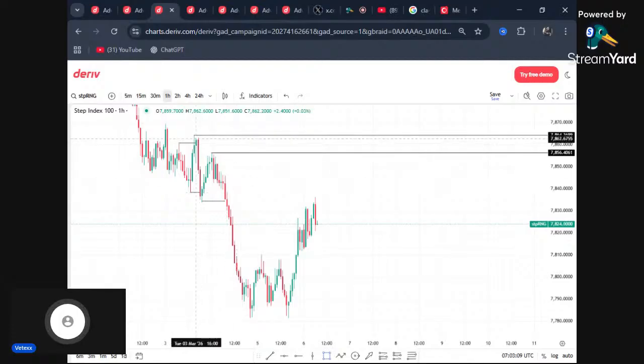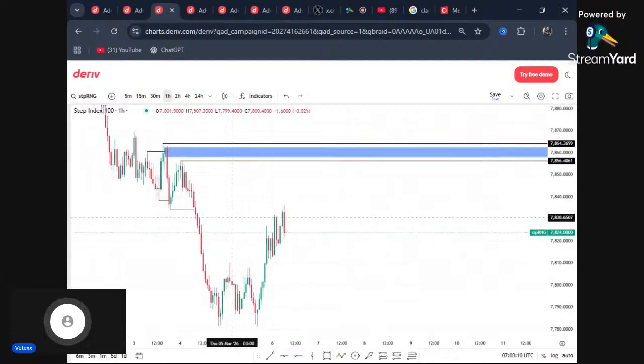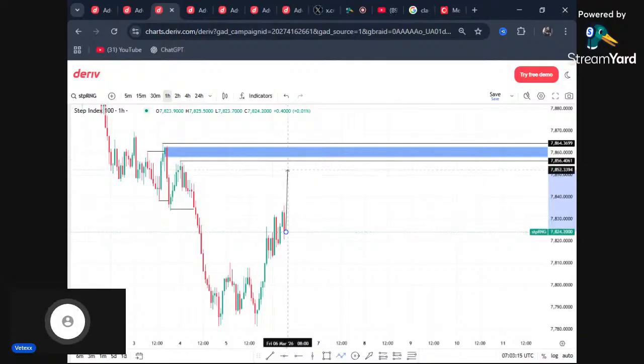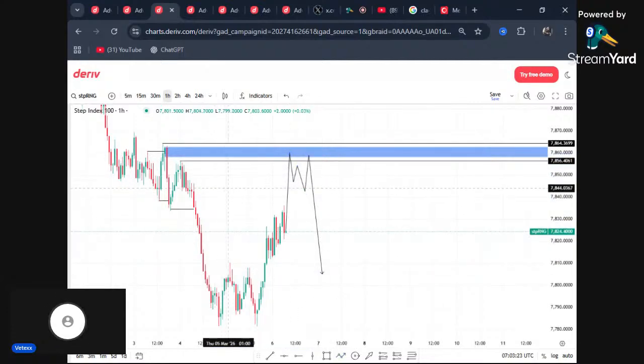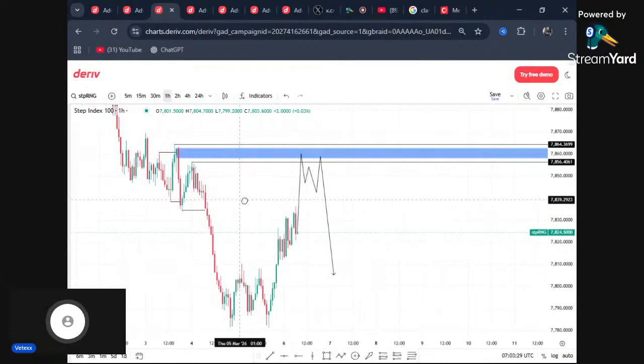And this is our point of interest. So what is the next move for us? We're anticipating price to come into this zone, give us our continuation, and then we sell to the downside. So this is what we anticipate on V100, step 100. Right, so this is what we have on step 100.